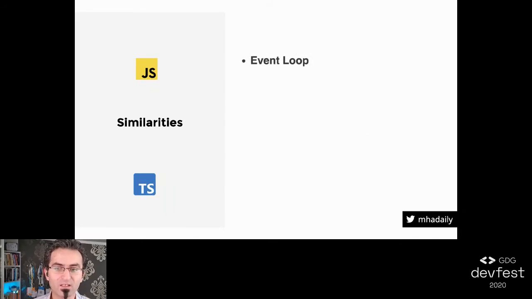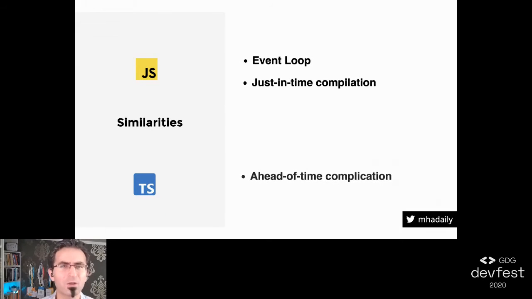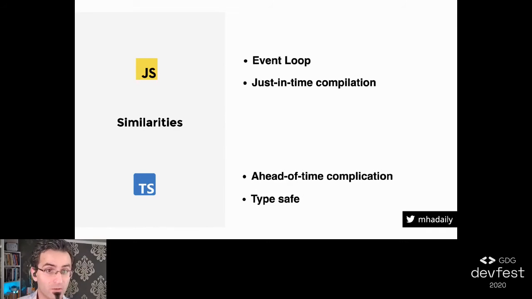In fact, if I want to give you a hint of how it's similar to JavaScript and TypeScript: you are probably familiar with the event loop in JavaScript, right? You know that JavaScript runs in a single thread, and this is exactly what Dart does. It's a similar concept. Dart also has just-in-time compilation because it helps you develop faster, especially in development mode.